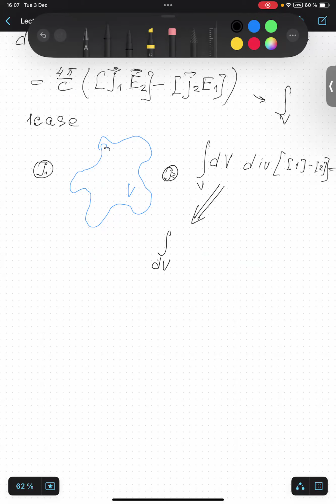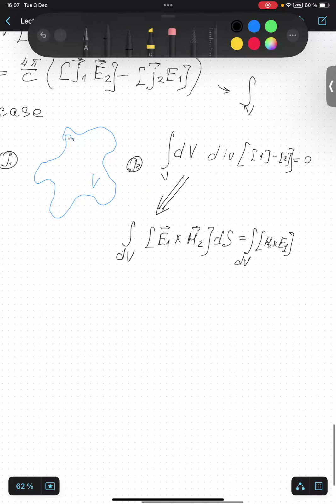dV. What it leads to is to use the Gauss theorem: dS, also dV, and H2 E1 dS.